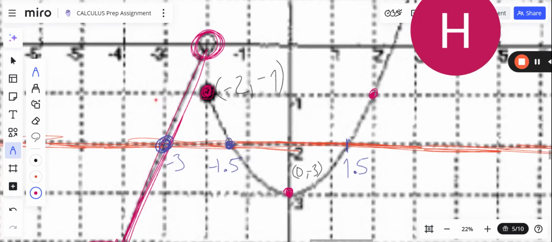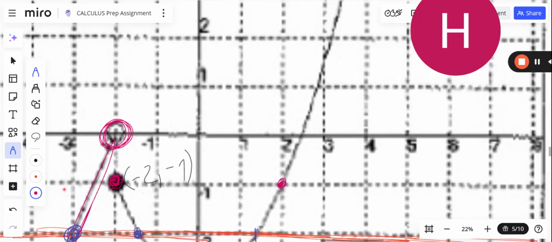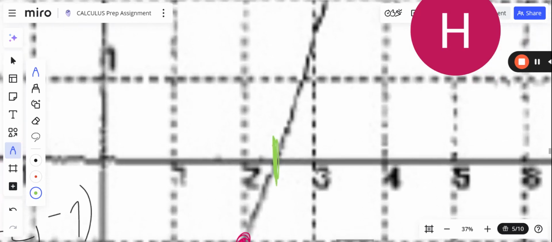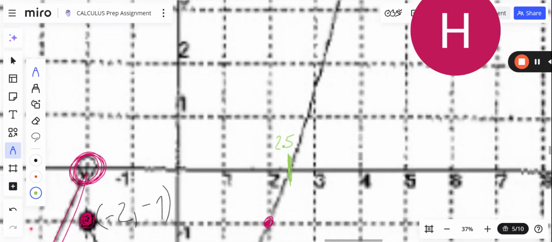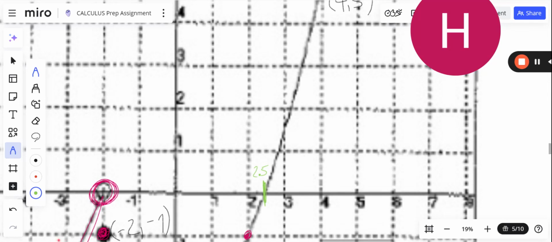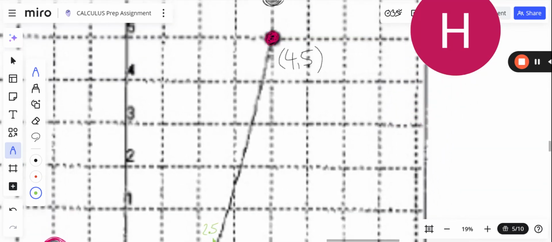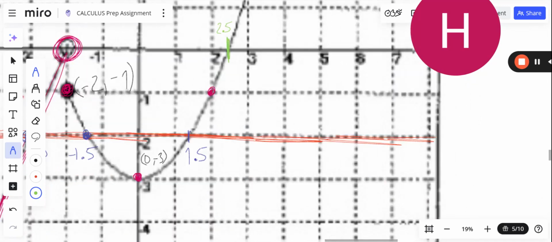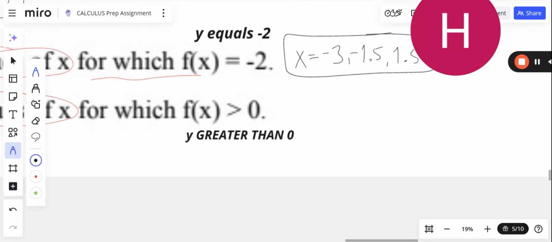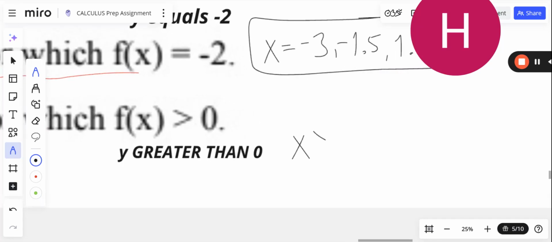And then it goes down here. And it finally crosses somewhere around there, which is approximately 2.5. Does it seem like it's a little bit less? Yeah, it kind of does, but that's fine. So we're going to say when x is greater than 2.5, because anything to the right is going to be up here above the x-axis. So the way that we're going to write that is simply x greater than 2.5.